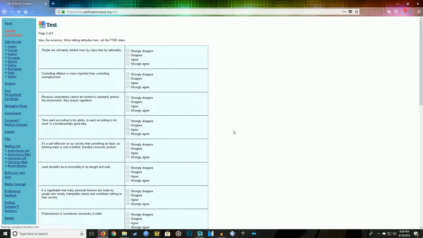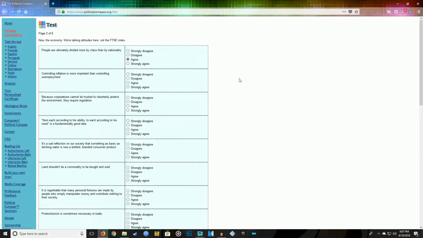So let's go to the next page. People are ultimately divided more by class than by nationality. I would say I kind of agree. I wish there was a fifth option somewhere in between agree and disagree, because that one's kind of weird. In certain cases, yes.